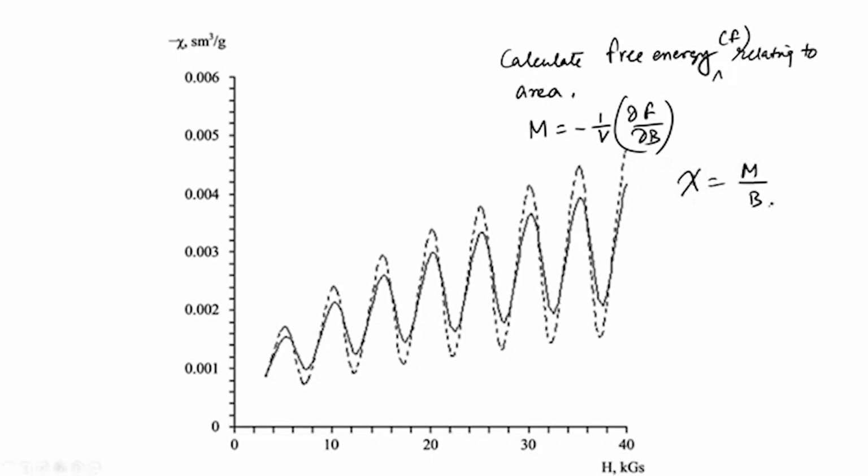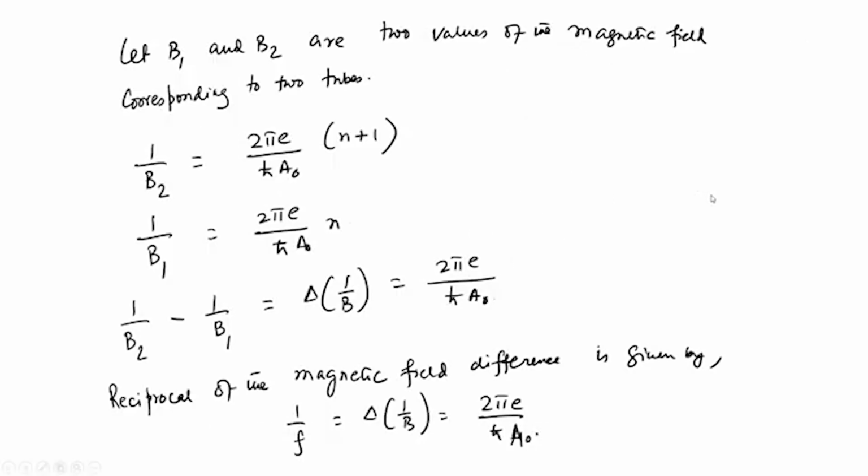Okay. So, this is what is plotted in experiments, and one actually gets these frequencies, and this frequency, as it is shown here, truly is proportional to the inverse of the area of the tubes. By noting these frequencies, one knows the cross sectional area, or the area of the orbits, which helps one to map the Fermi surface.